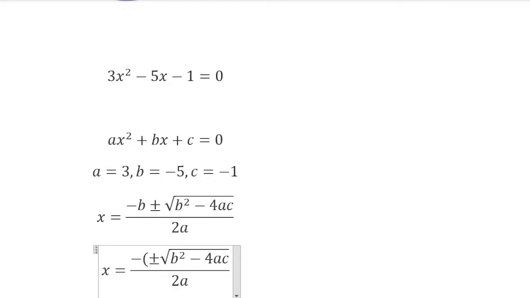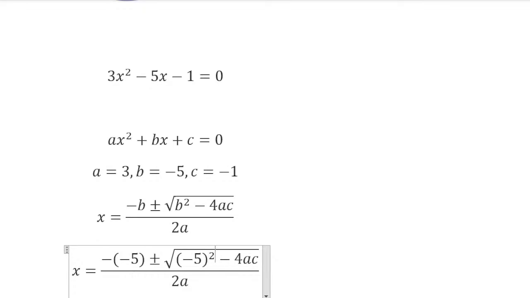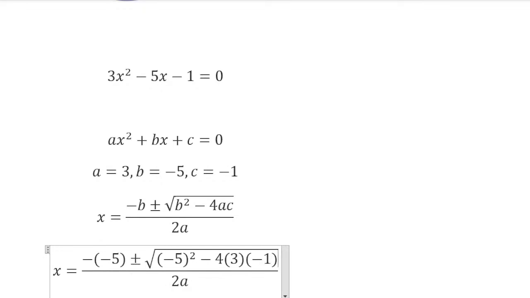So open brackets, we put -5 plus minus square root of b squared. So b is -5 all squared minus 4ac. The value of a is +3. And the value of c is -1, all over 2 times the value of a, which is 3.